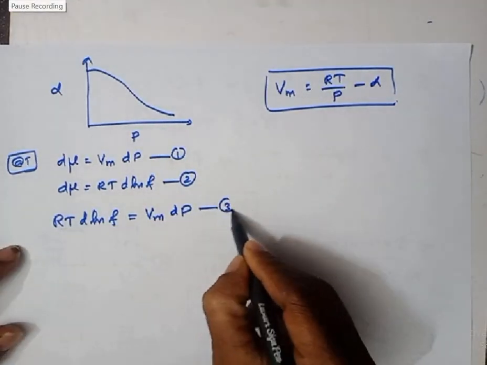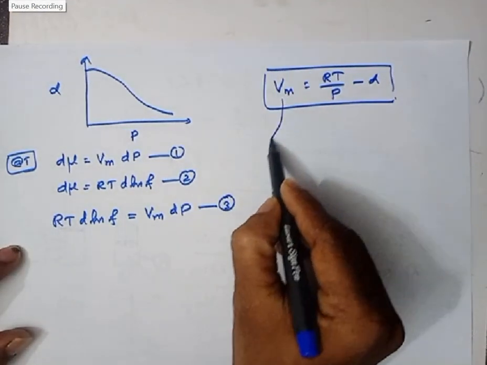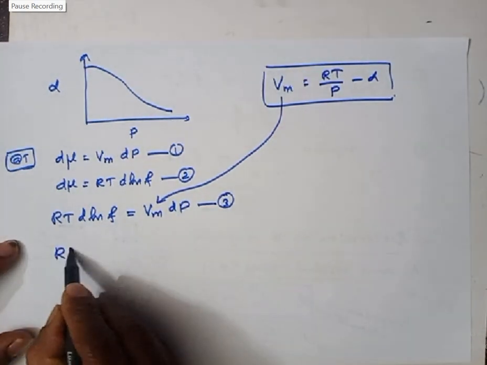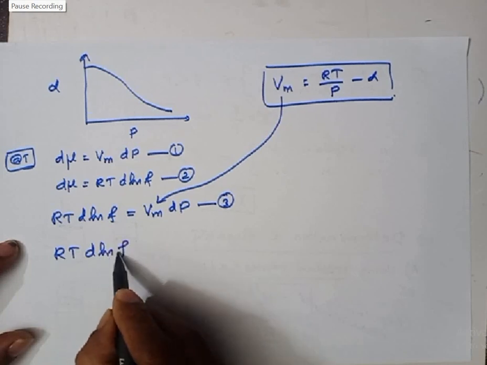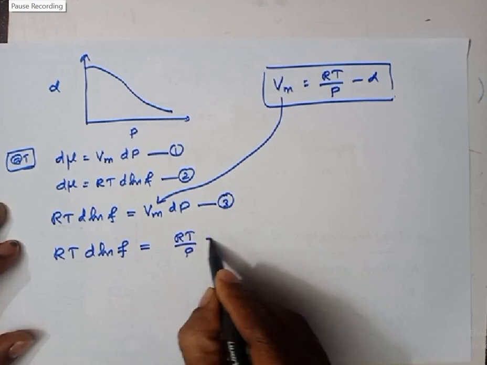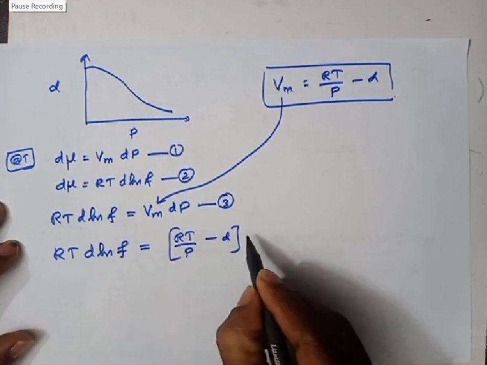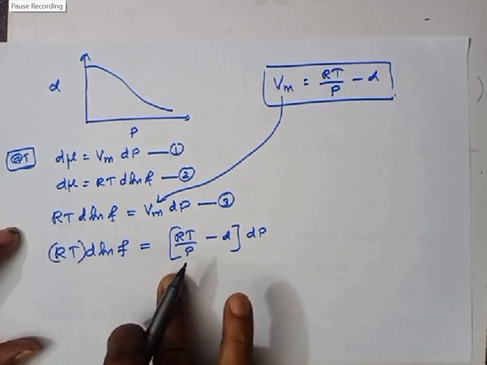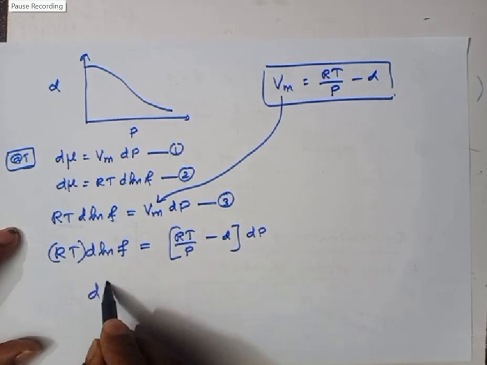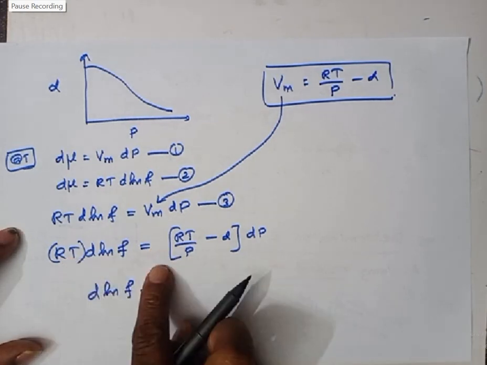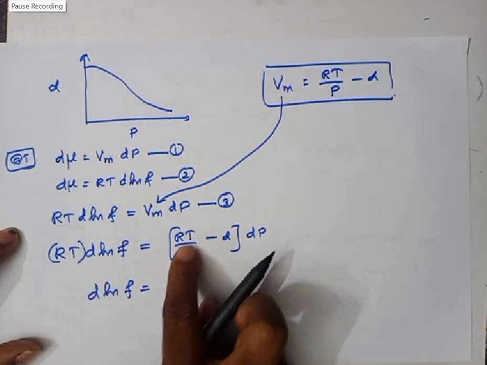I'll take this as equation number 3. Now I'm going to plug this value here. So what we get is RT d ln F equal to RT by P minus alpha into dP. Bring this RT to the right hand side and divide inside. You will get d ln F is equal to 1 by RT, and if you multiply inside, RT cancel each other.